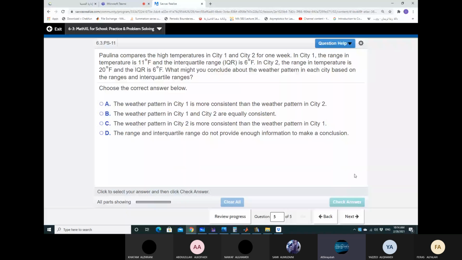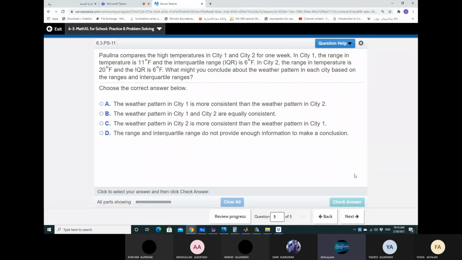Here, as you can see, the weather pattern in city 1 is more consistent than the weather pattern in city 2. The weather pattern in city 1 and in city 2 are equally consistent. The weather pattern in city 2 is more consistent than the weather pattern in city 1. The range and IQR do not provide enough information to make a conclusion.